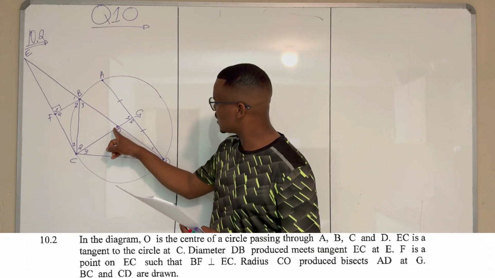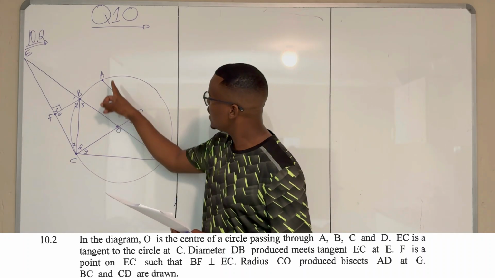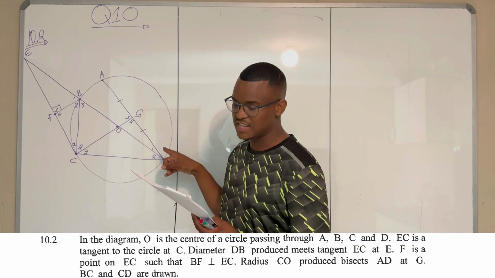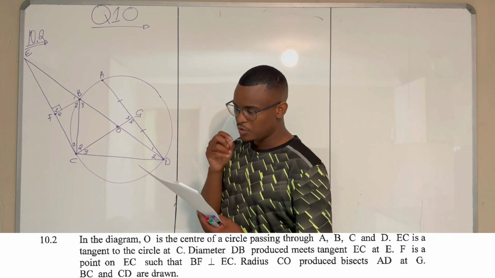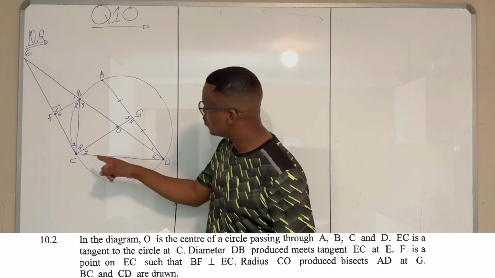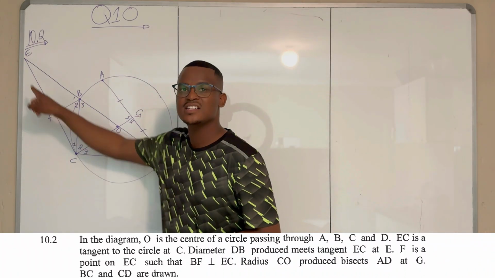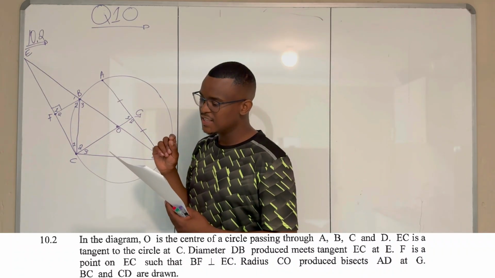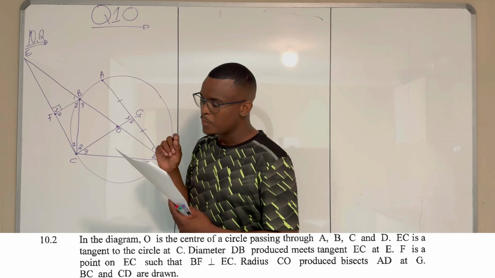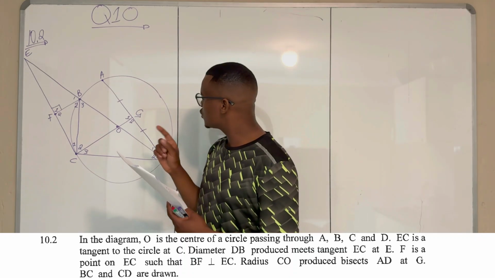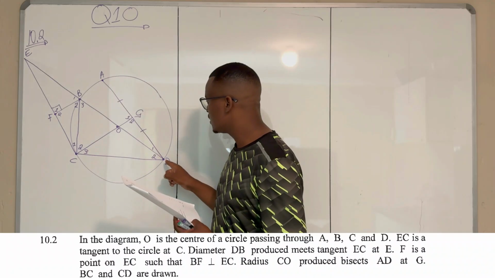O is the center of the circle. So this is our center of the circle. A, B, C, and D are points on the circumference of the circle, right? They went on to say that EC is a tangent to the circle at C. So there is your EC. No problem. They went on to say that diameter DB produced intersects tangent EC at E. So you have a diameter that is DB, right?